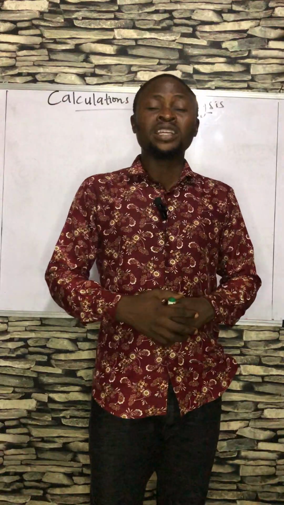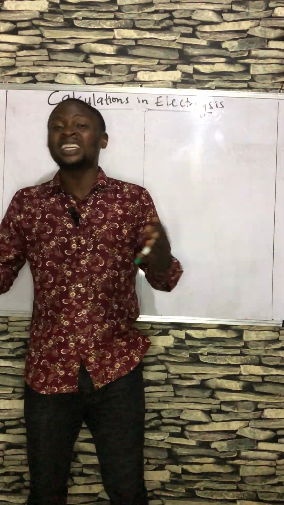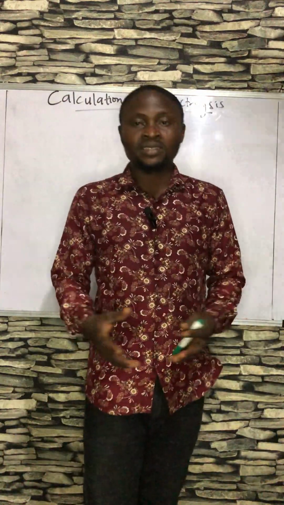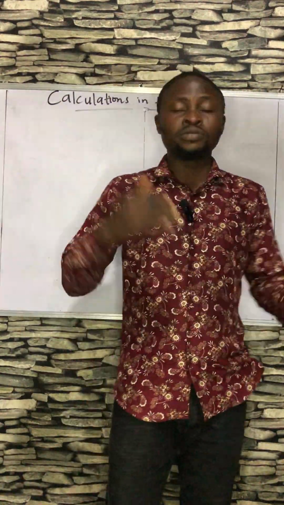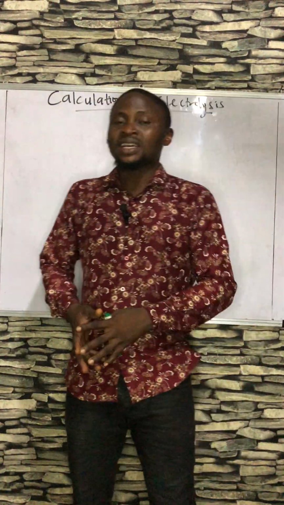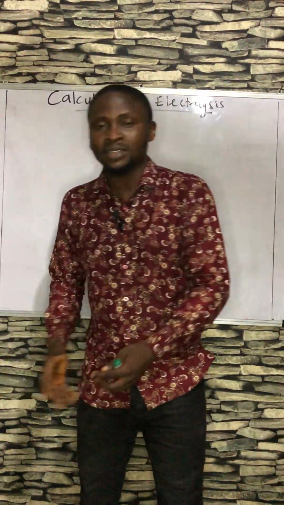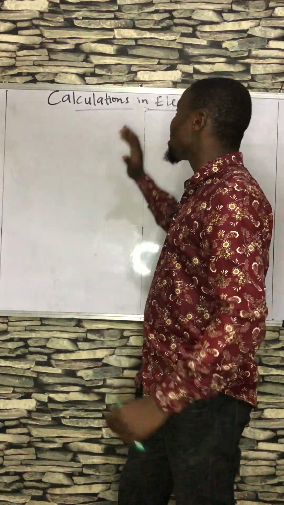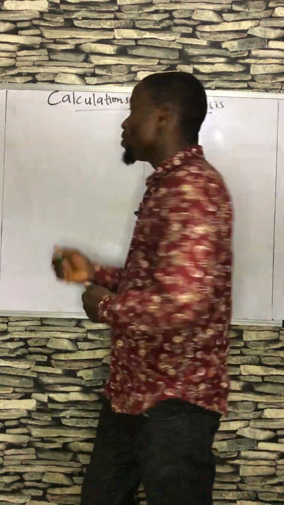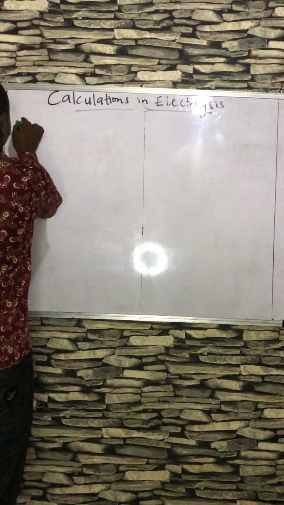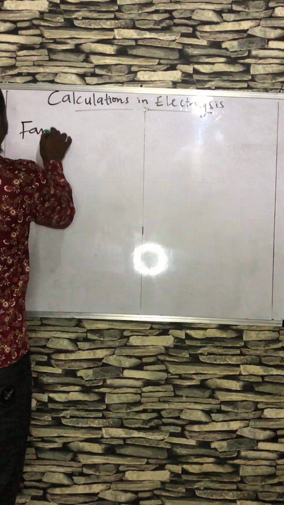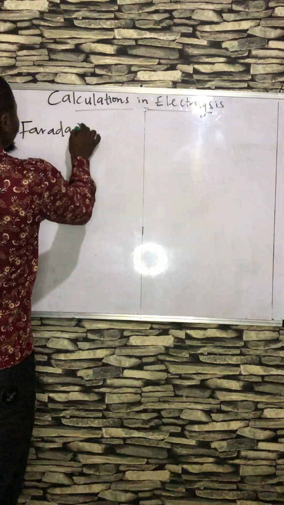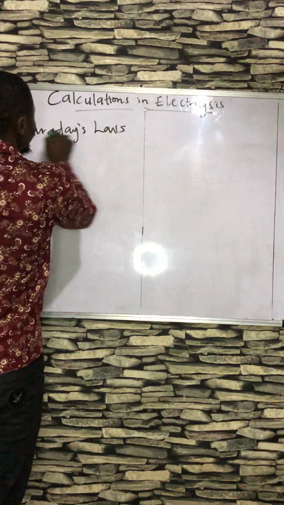Michael Faraday in 1833 proposed 2 different laws. He is an English scientist, chemist, who talked about the relationship between light and electromagnetism. We are not going there tonight. What we are actually looking at is calculations in electrolysis, and like I said, we cannot discuss calculations in electrolysis without talking about Faraday's laws.